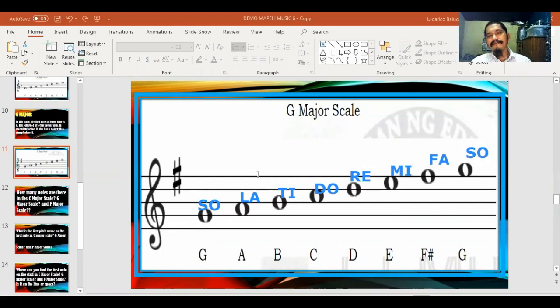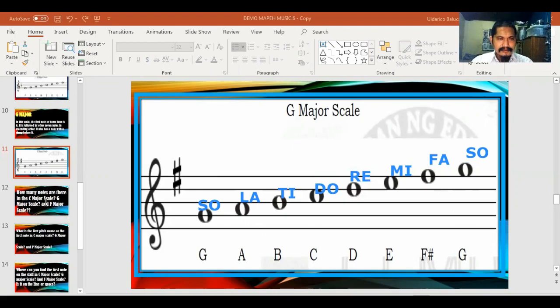So, ayan. Ang G major scale, nagsisimula siya sa second line. Nasa second line. G, the first pitch name, and it ends with G also.